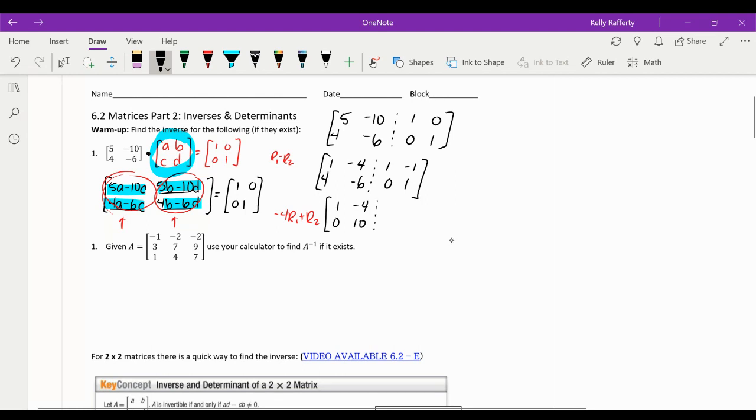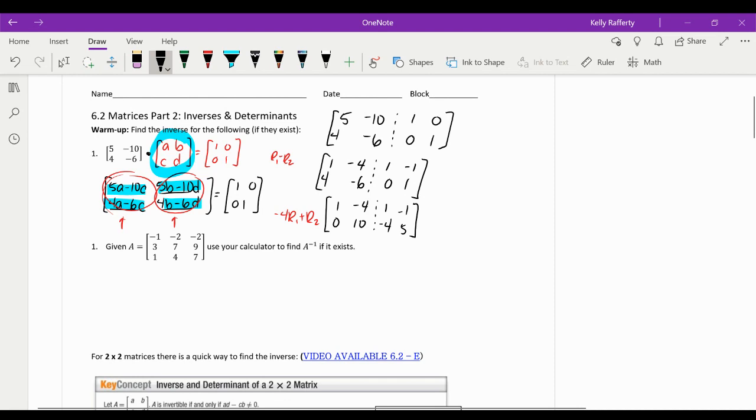I'm actually going to grab my calculator just to make sure I'm not making any silly mistakes here. So negative 4 row 1 plus row 2. I think I'm looking good. Negative 4 row 1 plus 0 is negative 4. Negative 4 row 1 is 4 plus 1 is 5. So hopefully I'm going okay so far.